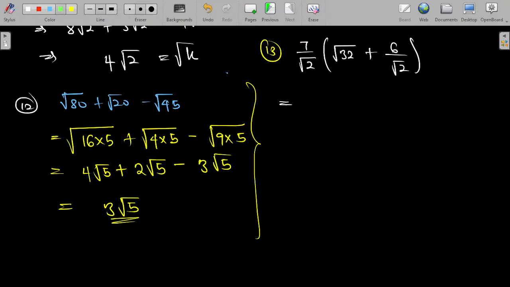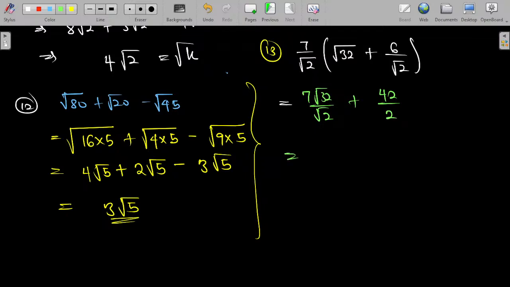If we do that, this will multiply this to give you 7 root 32 all over root 2, plus here you will have 7 times 6 is 42, and root 2 times root 2 is root 4, which is 2. Here the same thing will happen.